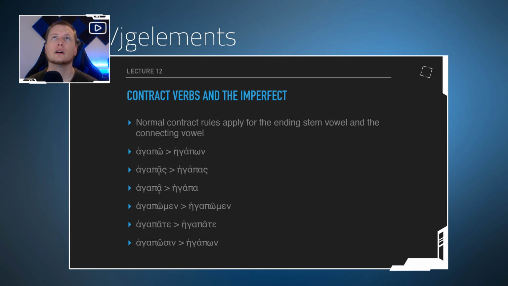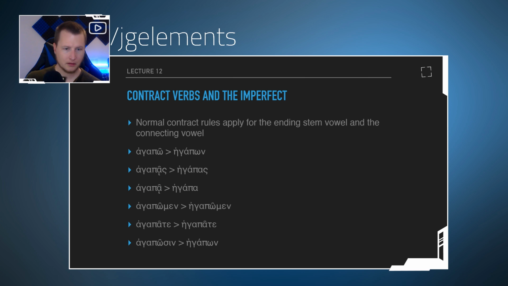So alpha plus epsilon is a fish plus a crab is a big fish. The only difference here is there's no circumflex. And there's no iota subscript because in the secondary ending there's no iota involved. In the third person singular, egapa. There's no ending.